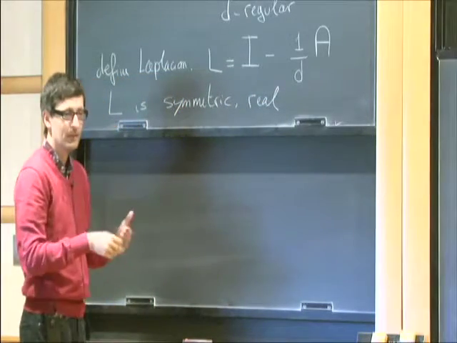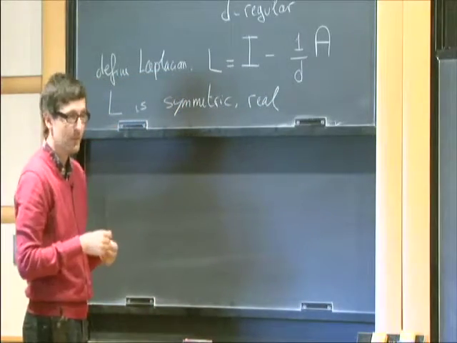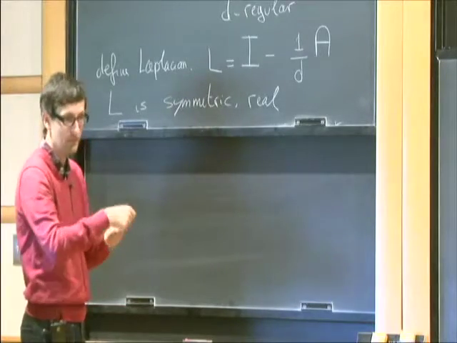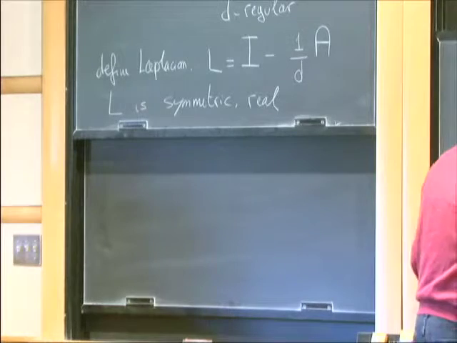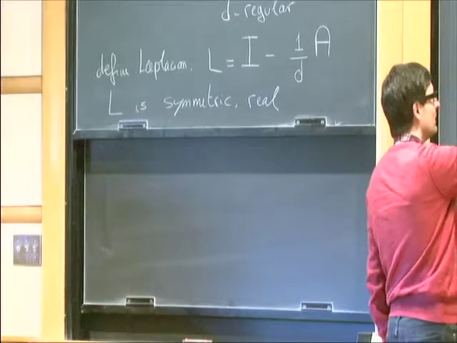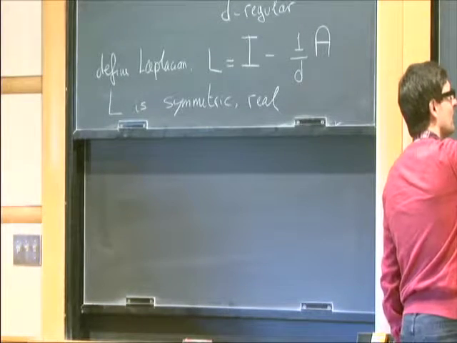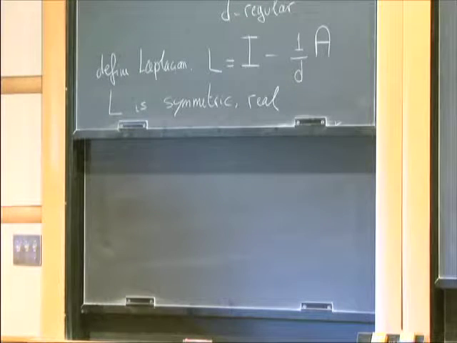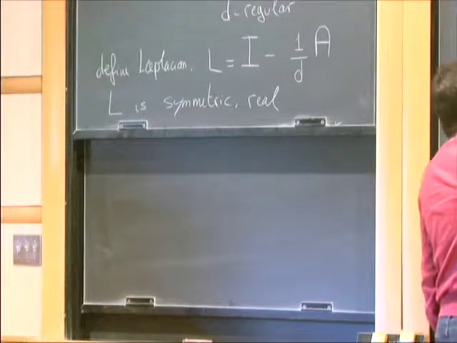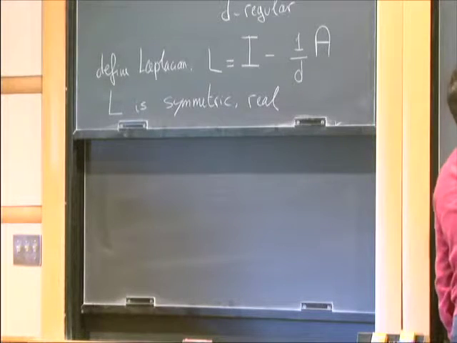So this means that all the eigenvalues of this matrix are also real, possibly with multiplicities. So let's say that lambda 1 through lambda n are the eigenvalues of this matrix, and let's say we sorted them in a non-decreasing order.